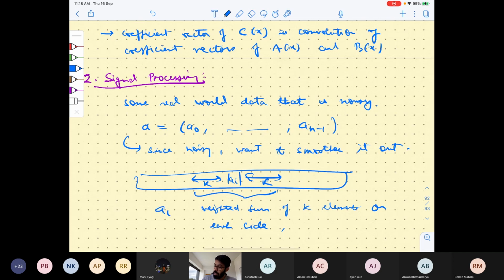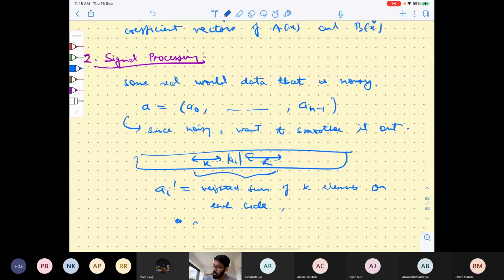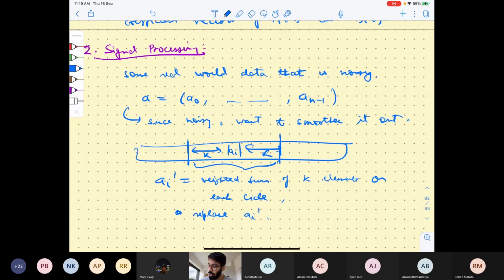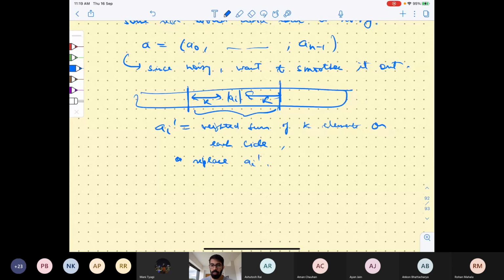So let ai prime be the weighted sum of this, and replace ai by ai prime. So we don't look at just the data point, we look at some neighborhood of it, and we say that we are going to find the weighted sum and replace this point with that. We are not going to rely on only this point to get the smoothed out data.